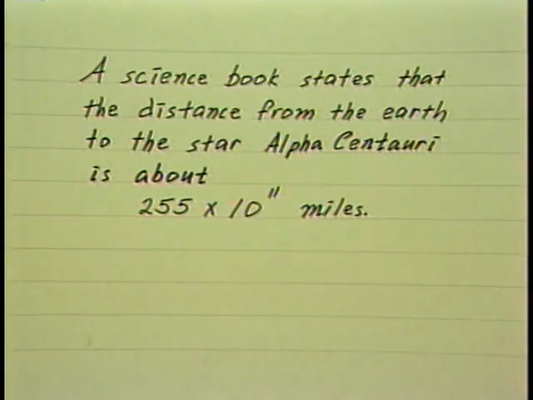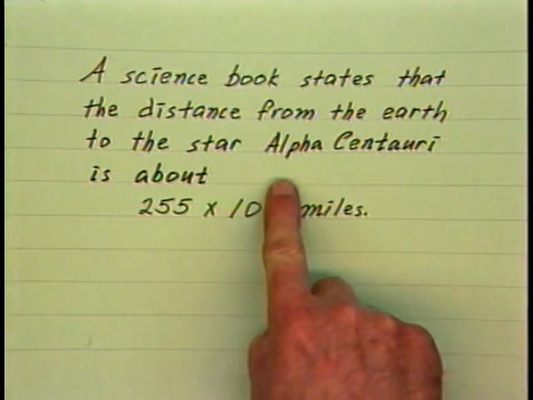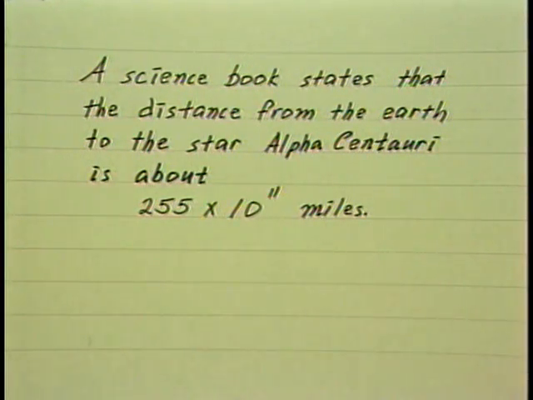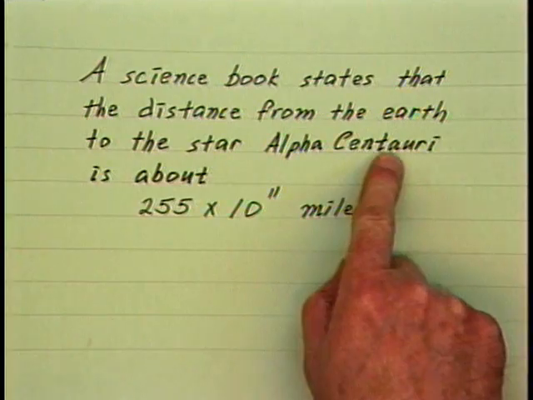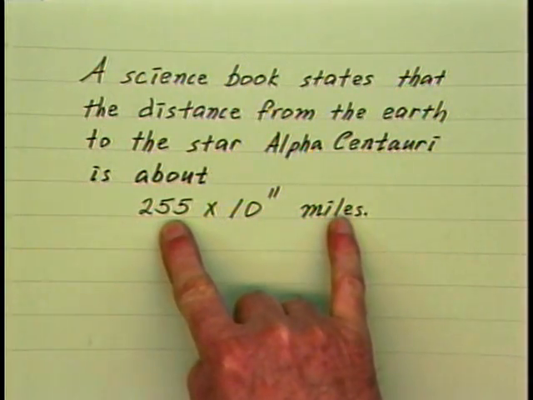To get a feel for how much powers of 10 is used, consider this statement. A science book states that the distance from the Earth to the star Alpha Centauri is about this many miles.